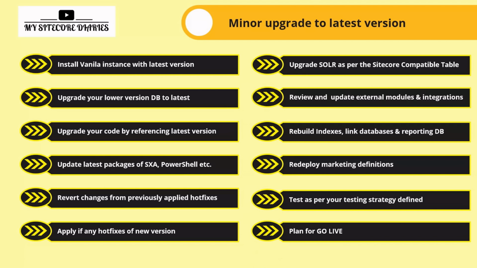So at a high level, these are the steps which you need to take for a minor upgrade. I have just summarized it. So this is how you can upgrade your Sitecore lower version to the higher version.